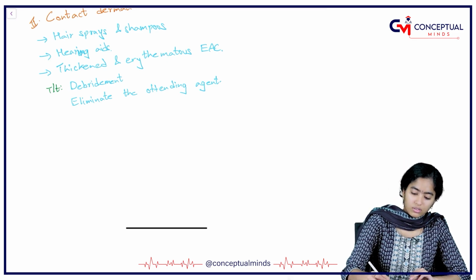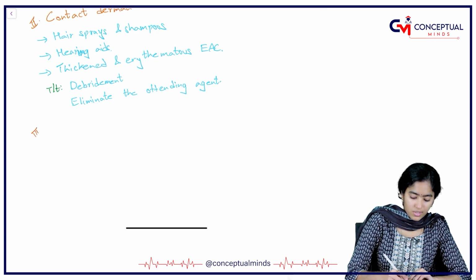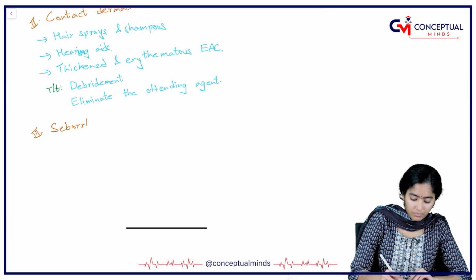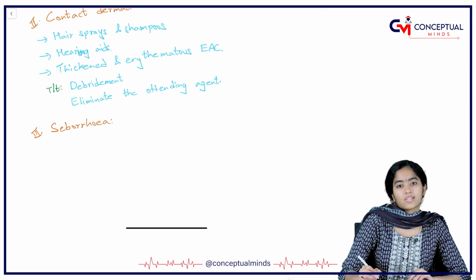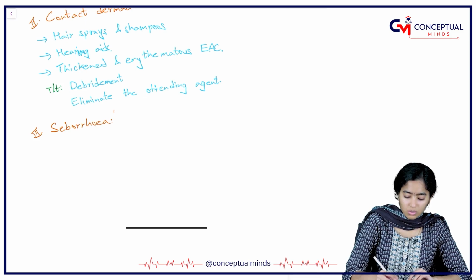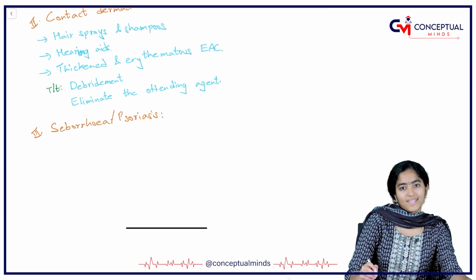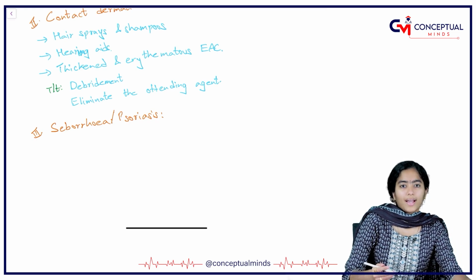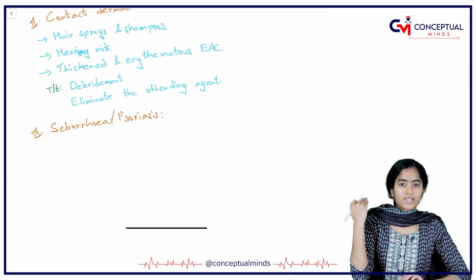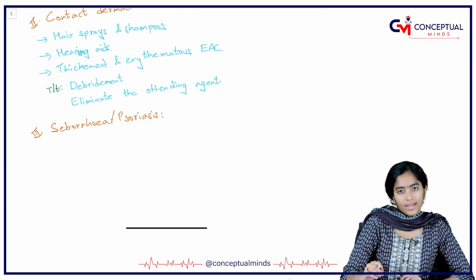Third condition under this is seborrhea, seborrheic otitis externa or psoriasis. Now, seborrhea is usually seen on the scalp, and the same seborrhea of the scalp can result in seborrhea of the external auditory canal also.